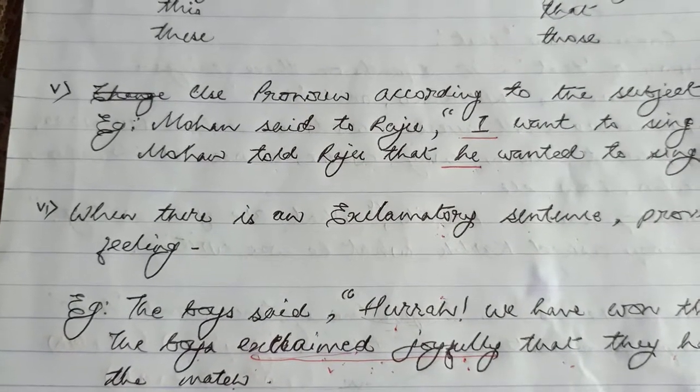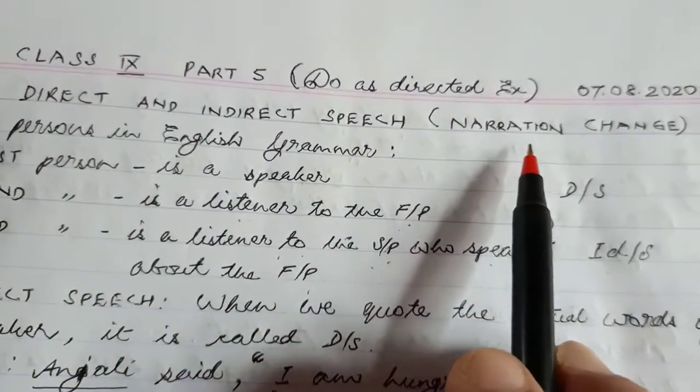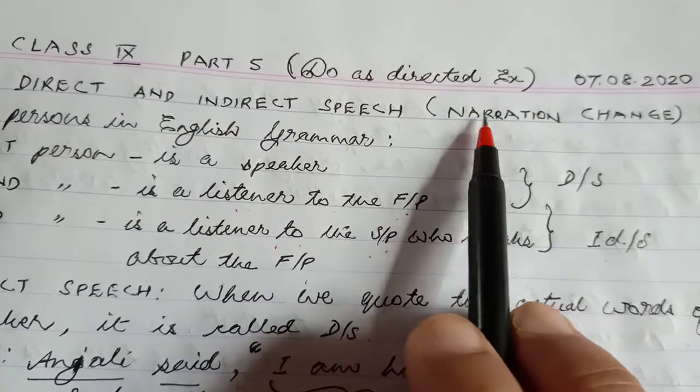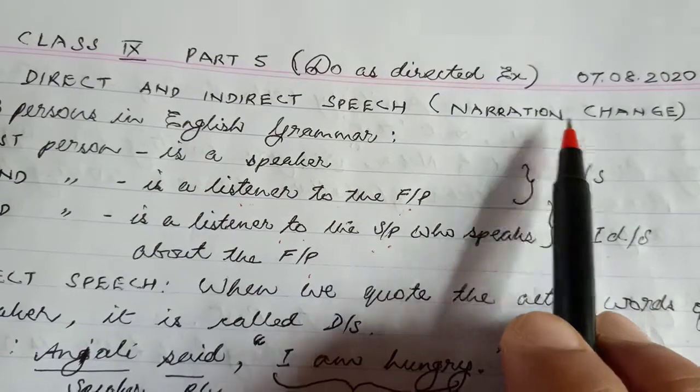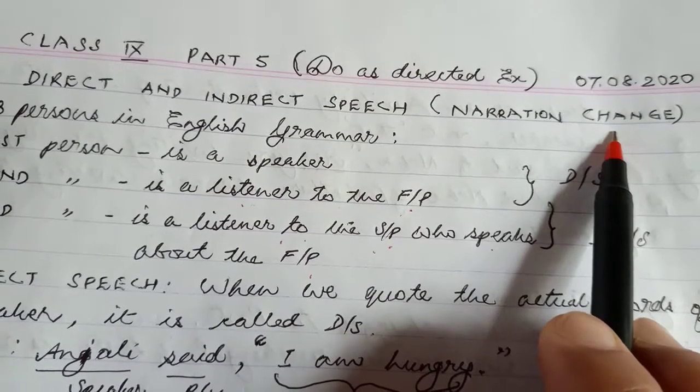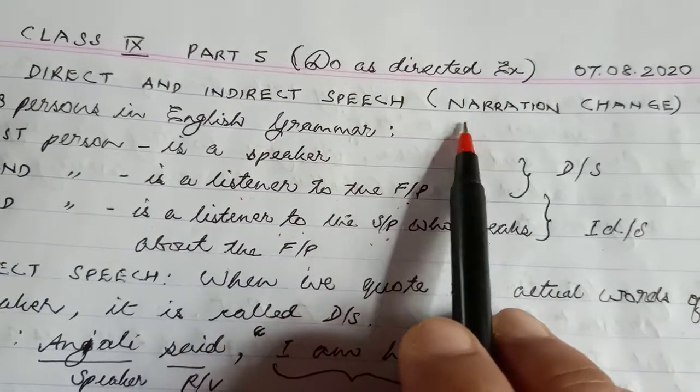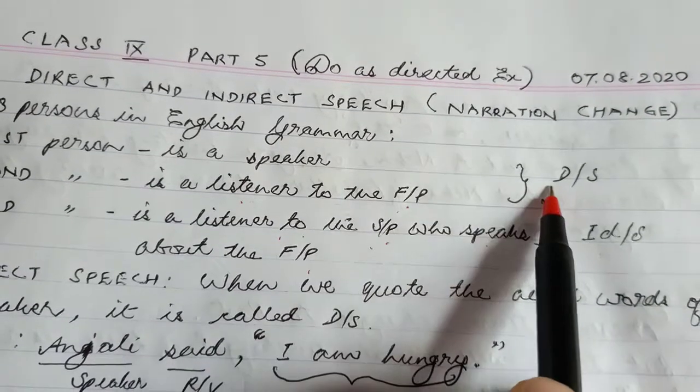So this is what we have understood in the chapter direct and indirect speech, or it is also called narration change. Sometimes within brackets you will also be asked to change the narration. When it is said change the narration, then it's a tricky question for you. You have to see whether the question is direct or indirect, and accordingly you have to change.